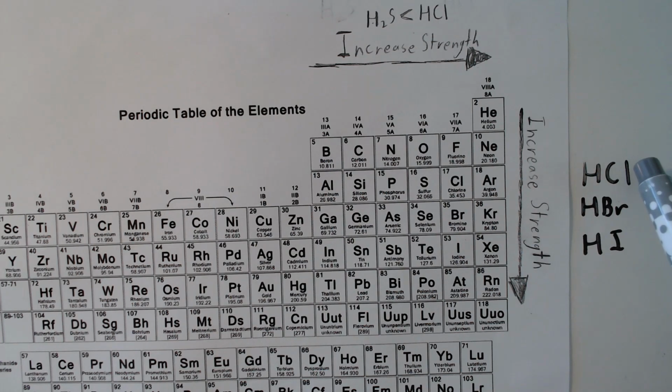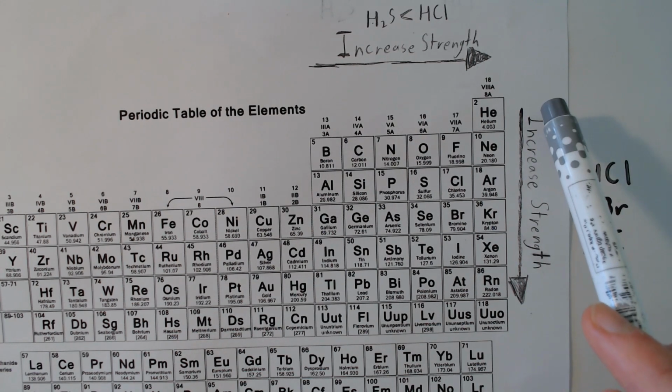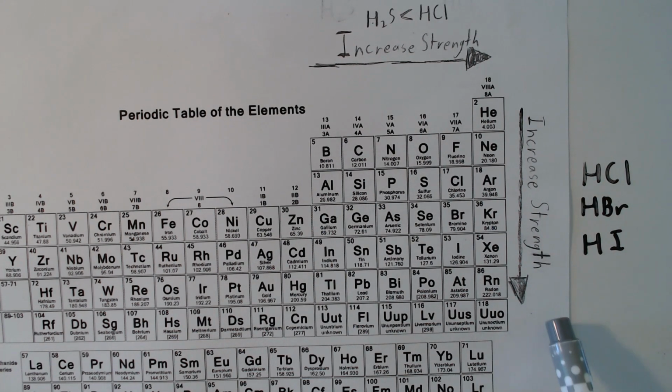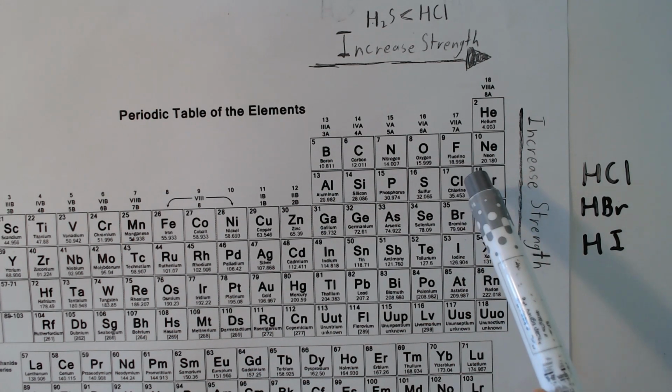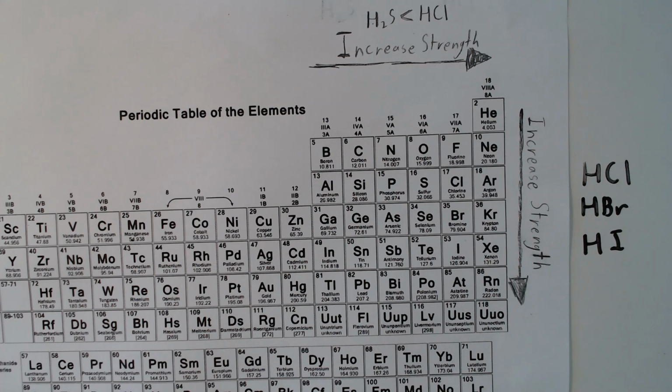And in this case, since the I is downwards from the Br, bromine, HI is higher in strength than HBr, because the acid strength increases down the group. And HBr is higher in strength than HCl, because the Br is lower than Cl in this group.